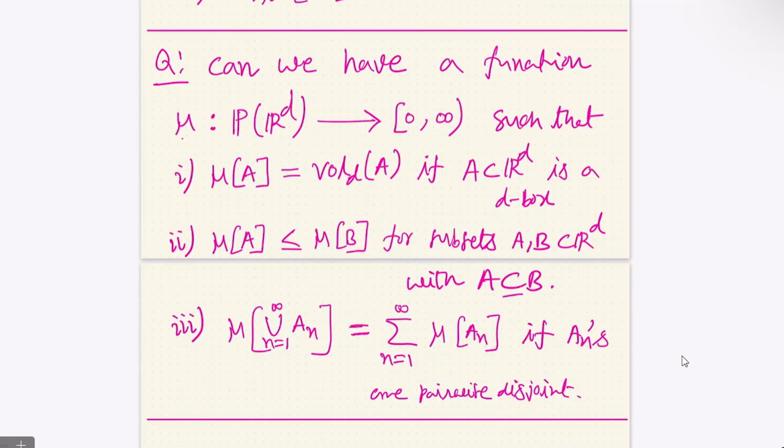Instead of the power set of RD, you take some other X and some sigma algebra here, and think of how it is behaving. If it is not a sigma algebra, then how do these three properties frame?